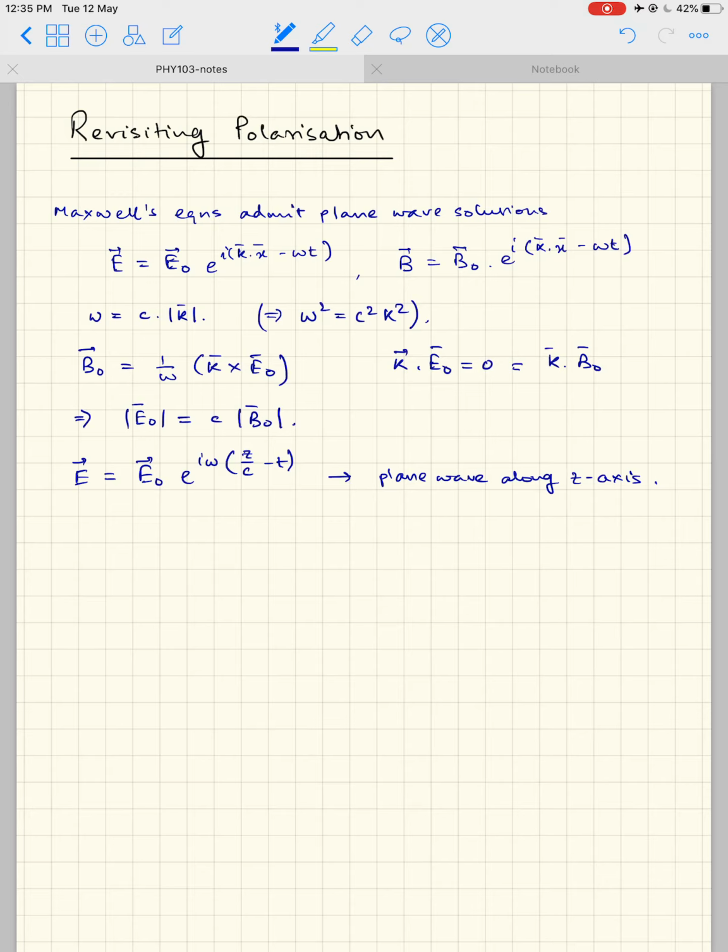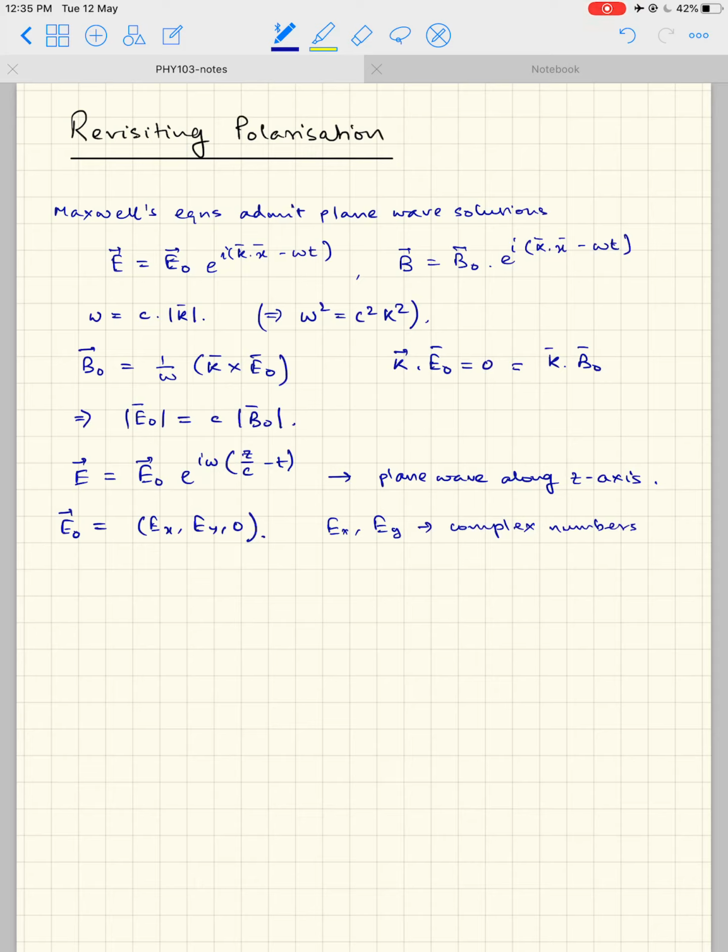In this case, E naught is orthogonal to k, so we will write E naught as (Ex, Ey, 0), with Ex and Ey being complex numbers. Very good.